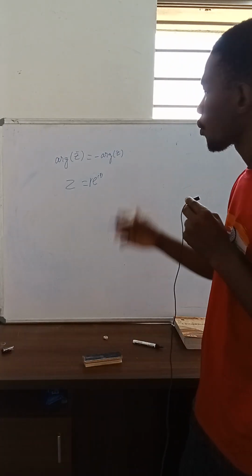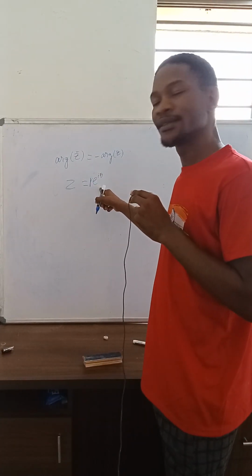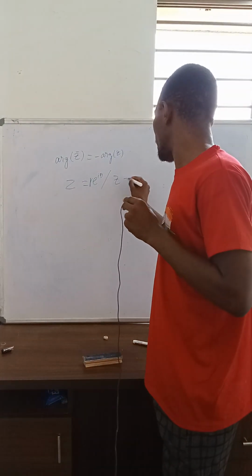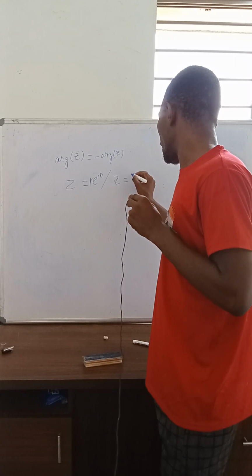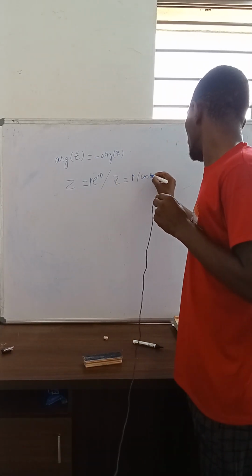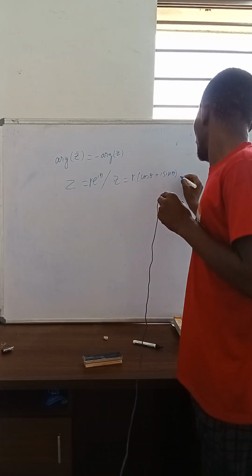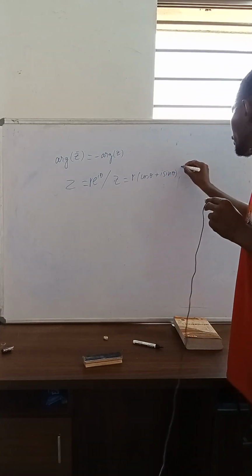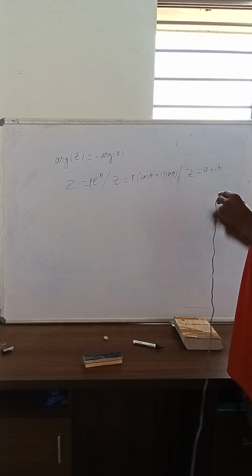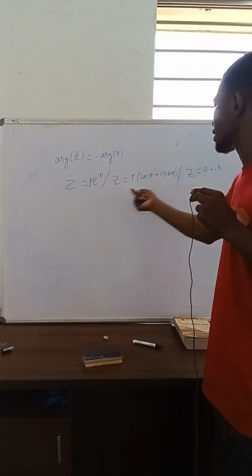So what would be the conjugate of z? We know that z can be written as this, or z can be written as r cos theta plus I sin theta, or z can be written also as a plus ib.